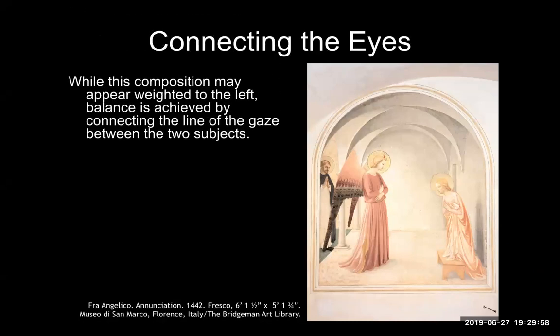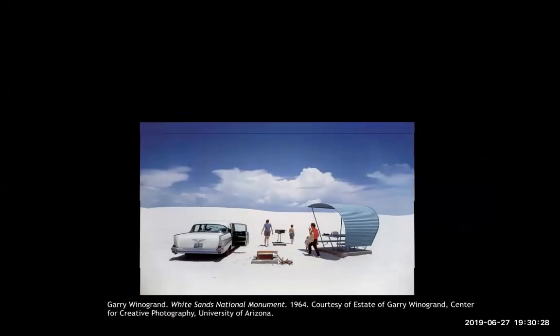There's a lot of activity, a lot of weight over on the left, but there's a definite gaze between the two subjects in the middle and to the right. They're gazing at one another. And so we have that connection, which is reinforced by the curved arches, which take us back and forth from left to right.